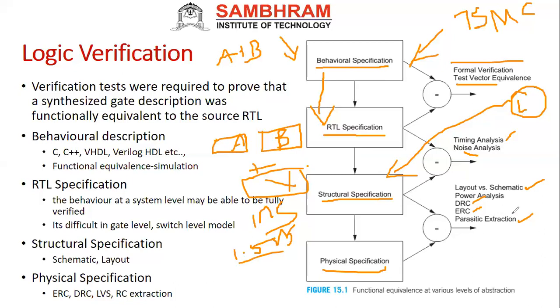This is where you extract the parasitic resistance and parasitic capacitance to calculate the delay. It is very important to reduce the parasitic resistance and capacitance. That is your physical specification.